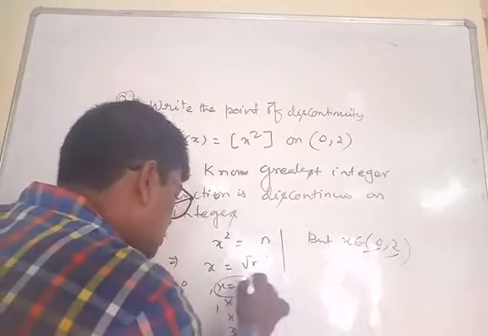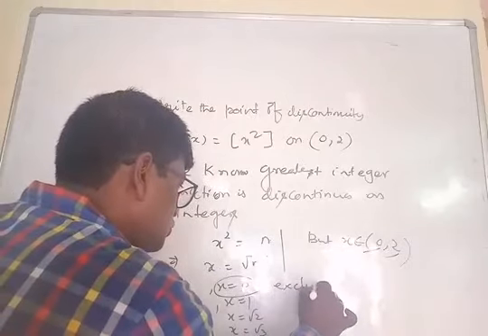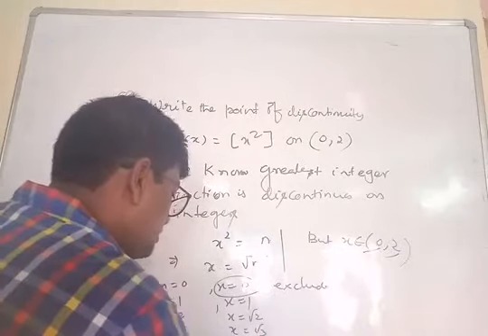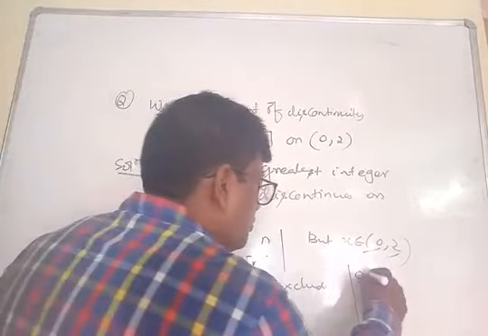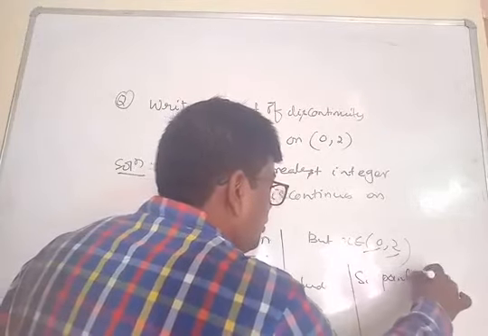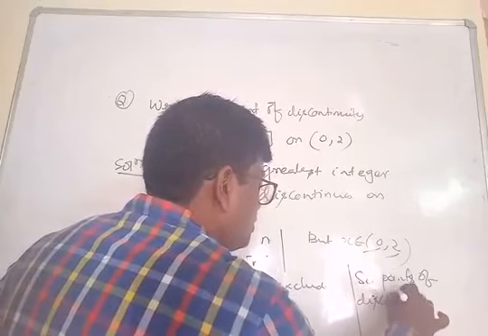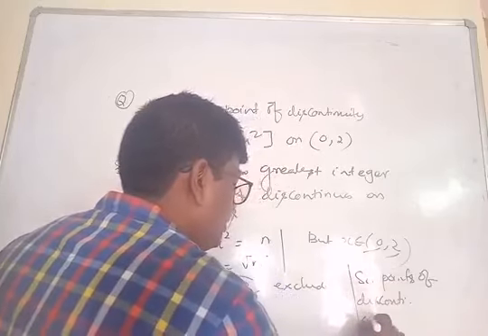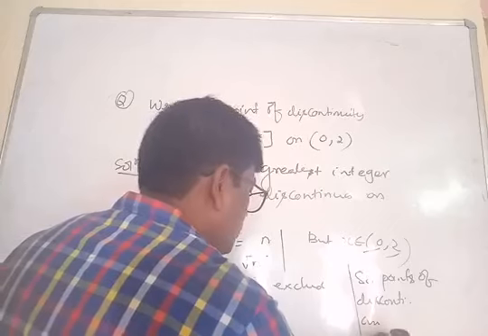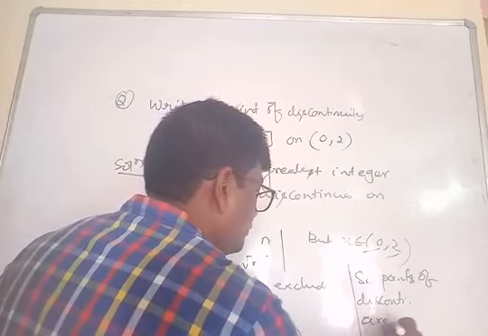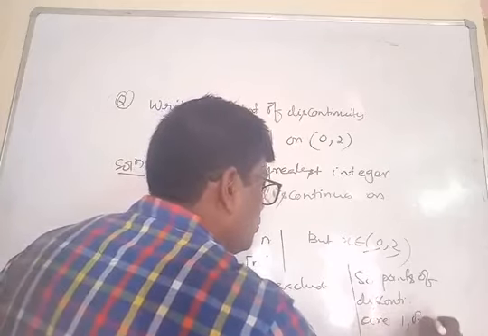So these are excluded, and the points of discontinuity are 1, root 2, root 3.